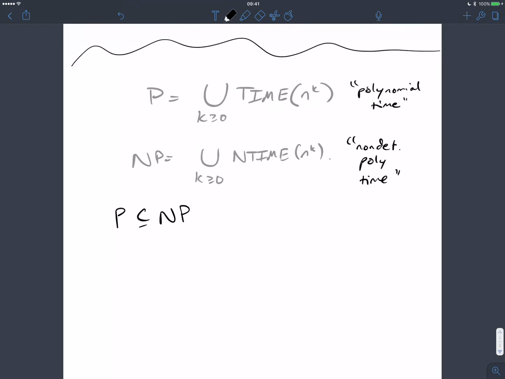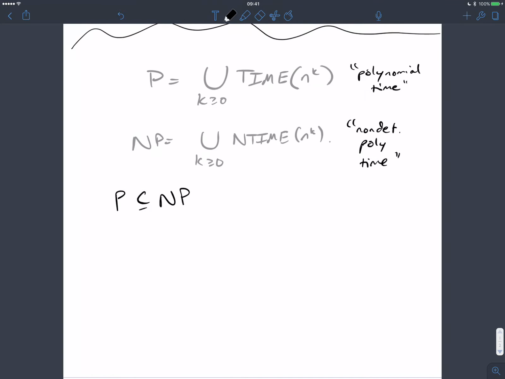But what we're going to try to see is, are there problems that seem to be hard no matter how you approach them? There seems to be no polynomial time algorithm for them. And if we could show that, which we won't be able to do formally, then we can show that P is not equal to NP. Any questions about that?